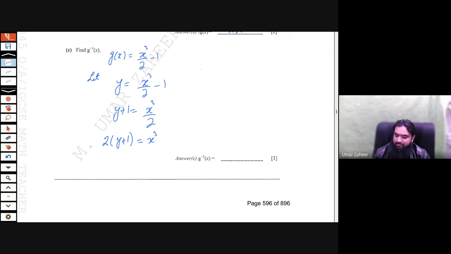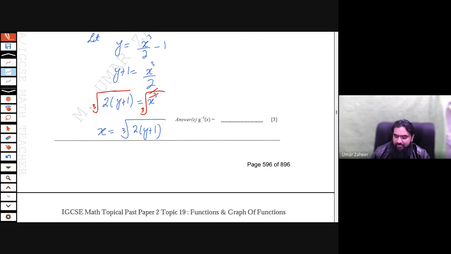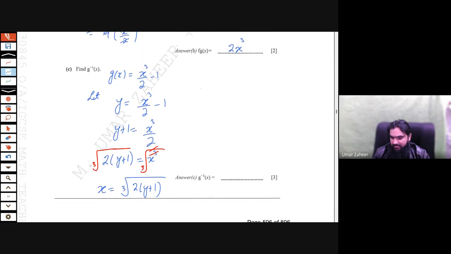Now I just want to remove the cube. So I'm going to take a cube root on both sides. So the cube and cube root will be cancelled out. So we'll get that x is equal to the cube root of 2 times y plus 1. Now we have to replace the y with x and the x with the inverse function, and it is the inverse of g.